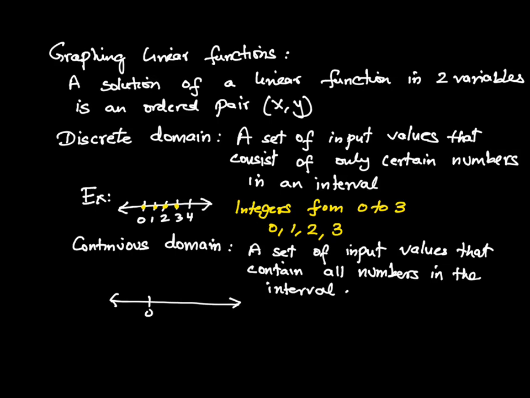So if you have points here, 0, 1, 2, 3, everything in that interval is included. So that's called continuous domain. Okay, so discrete is just fixed numbers, but continuous is all the numbers.